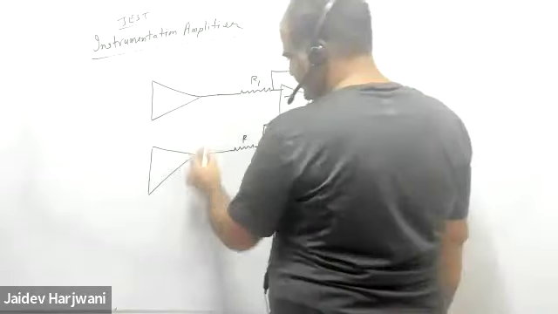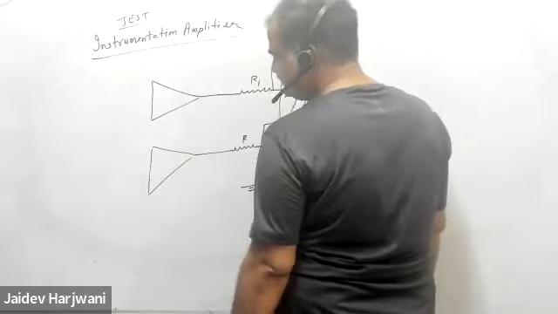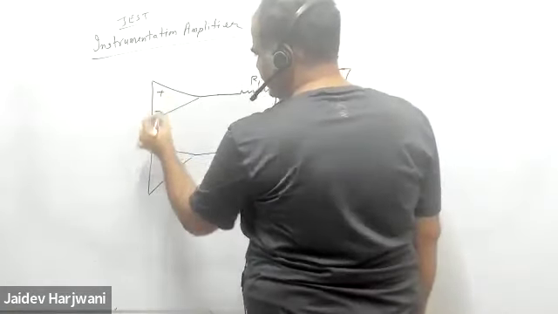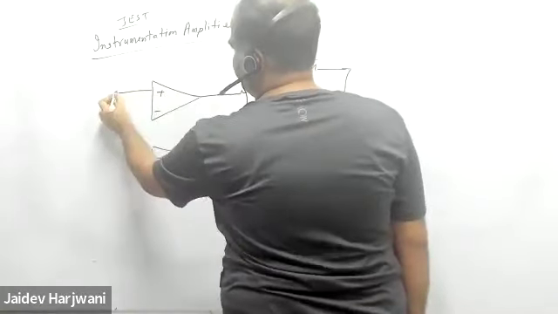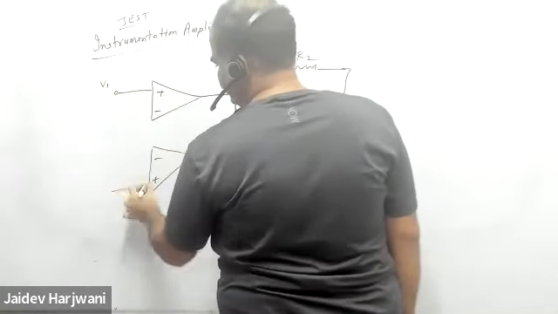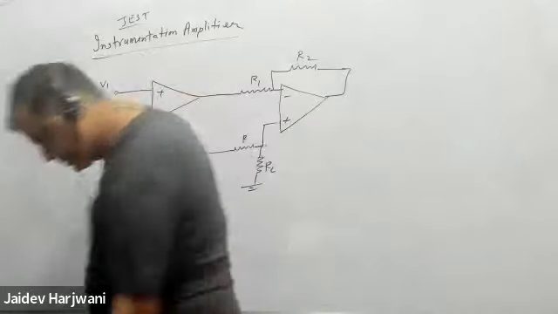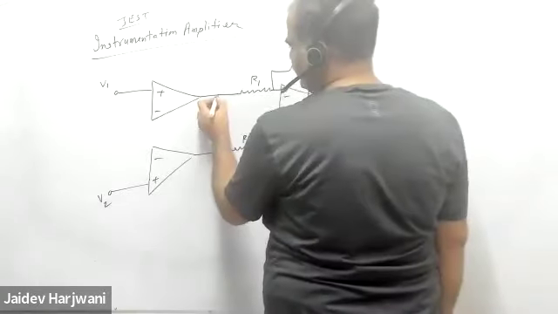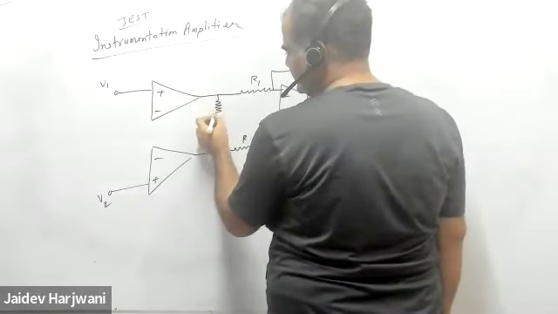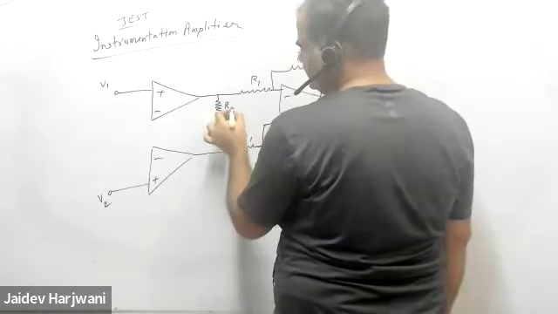And in between these, here we have this plus, minus, minus, plus. I'm applying some voltage, say V1 here, and some voltage, say V2 here. And now you have one resistance here. Say this is R1, R2, so this is R3.